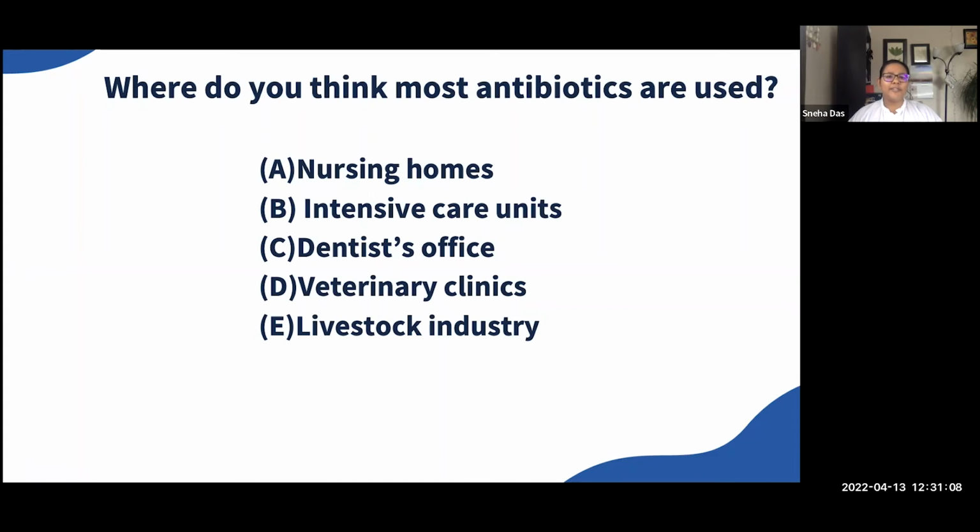Okay, so 35% of you think that it's intensive care units. And honestly, it's not surprising. But in fact, the answer is the livestock industry, and 30% of you have identified it correctly.